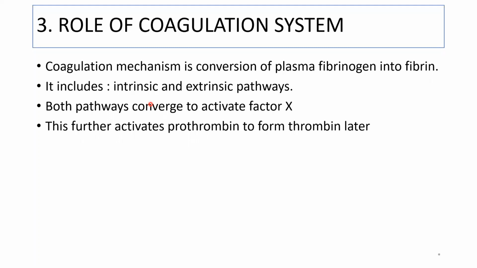Usually in our blood there is plasma which contains fibrinogen, and it will be converted into fibrin only if there is an injury. Fibrin forms a fibrin meshwork. So the coagulation mechanism is the conversion of plasma fibrinogen into fibrin.